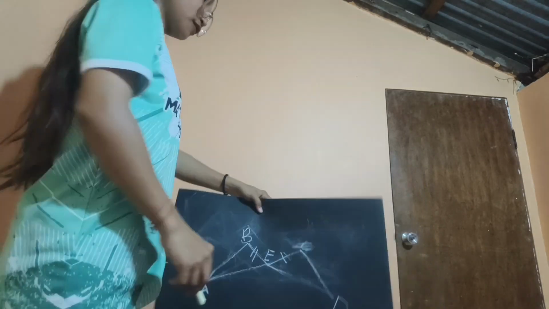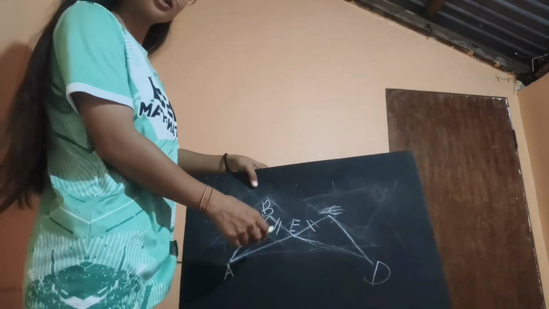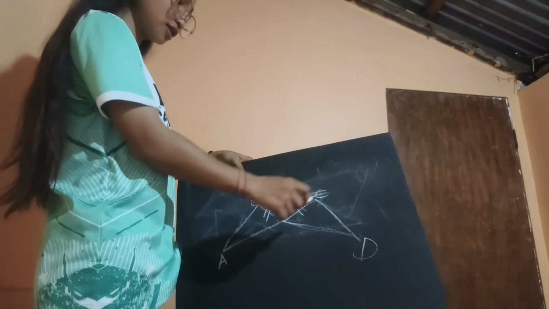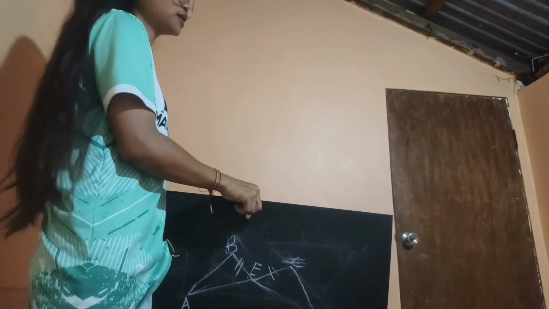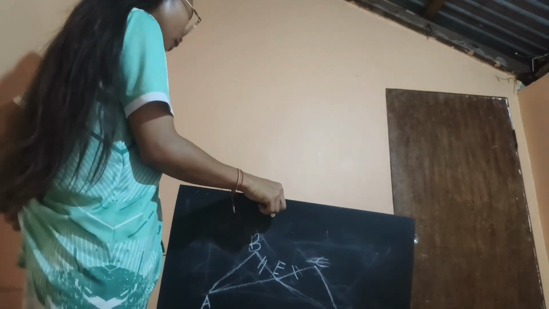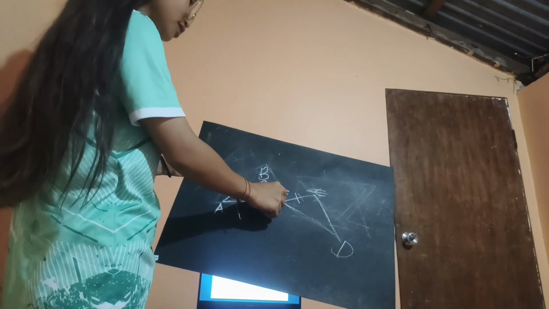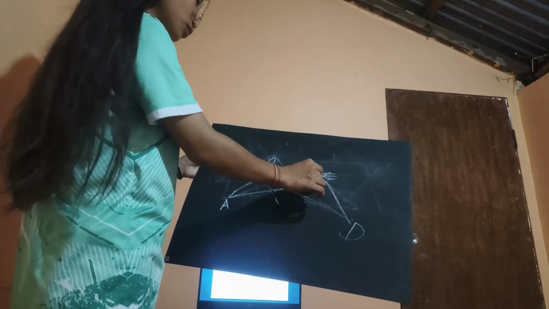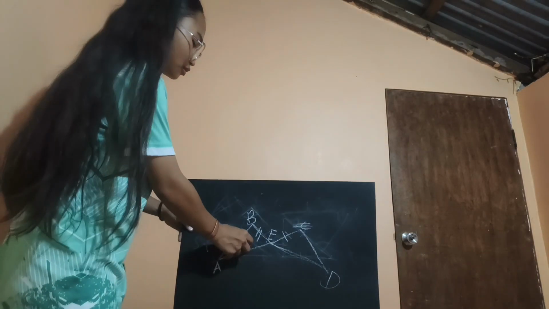They are congruent. The first one is BE is congruent to CE. Yes, they have the same sides. They're congruent in two sides. So the next one is AE is congruent to DE. Yes, it's congruent to DE.